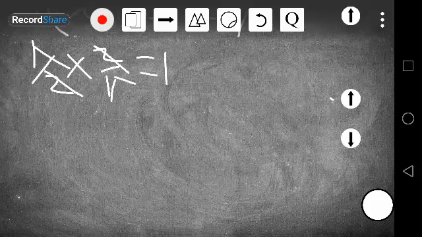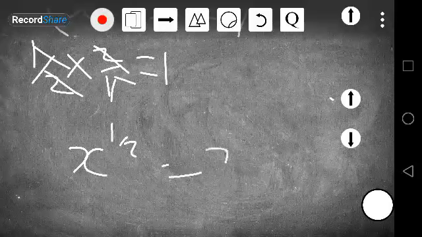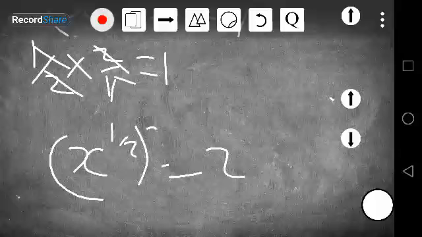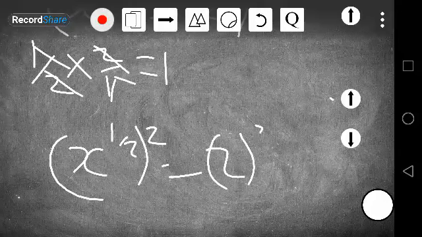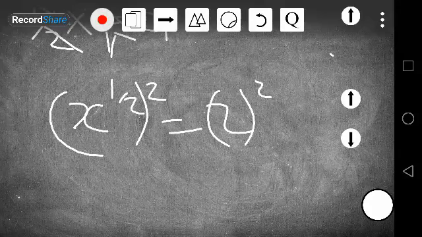So x to the half is equal to 2, multiplied by 2 over 1. In other words, you just multiply by the inverse of the given fraction. So if it is 1 over 2, you multiply by 2 over 1. If it is 1 over 3, you use 3 over 1.